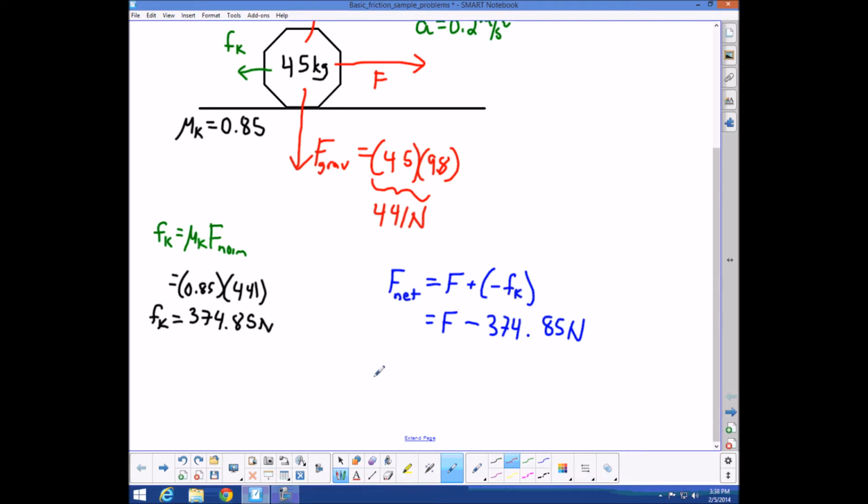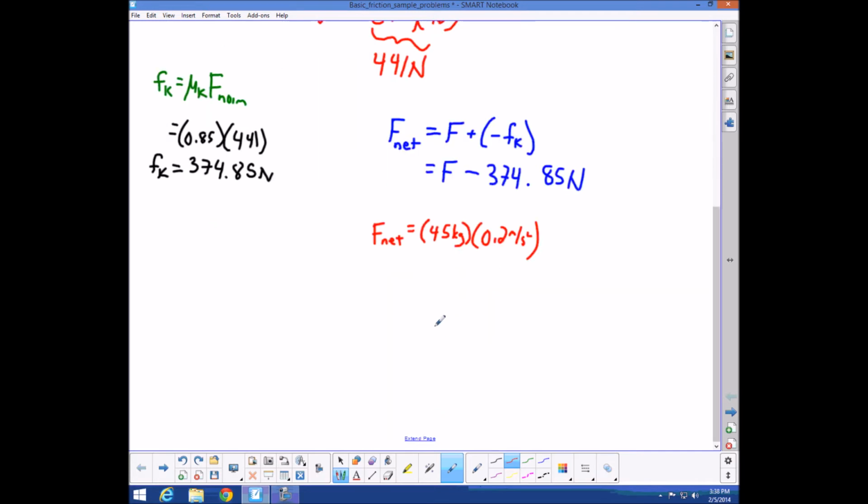We also have that the net force equals the mass of the object, 45 kilograms, times the acceleration of the object, 0.2 meters per second squared. 45 times 0.2 is 9 newtons.